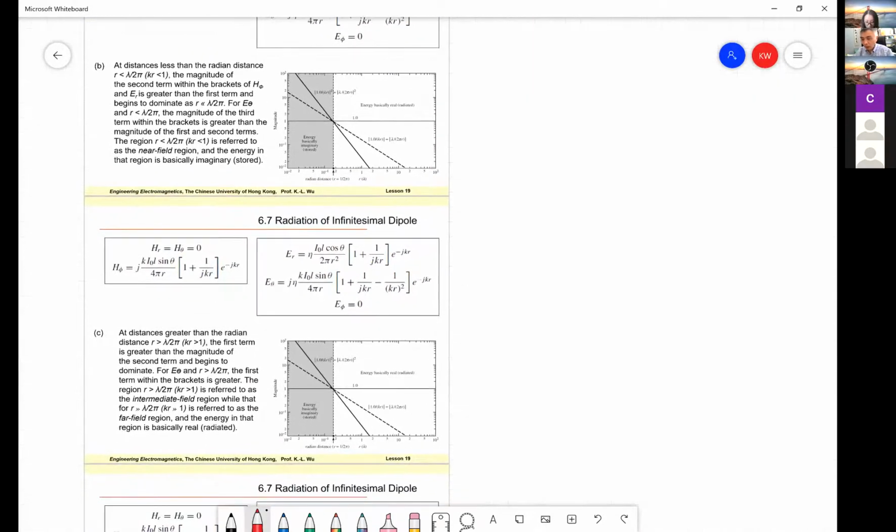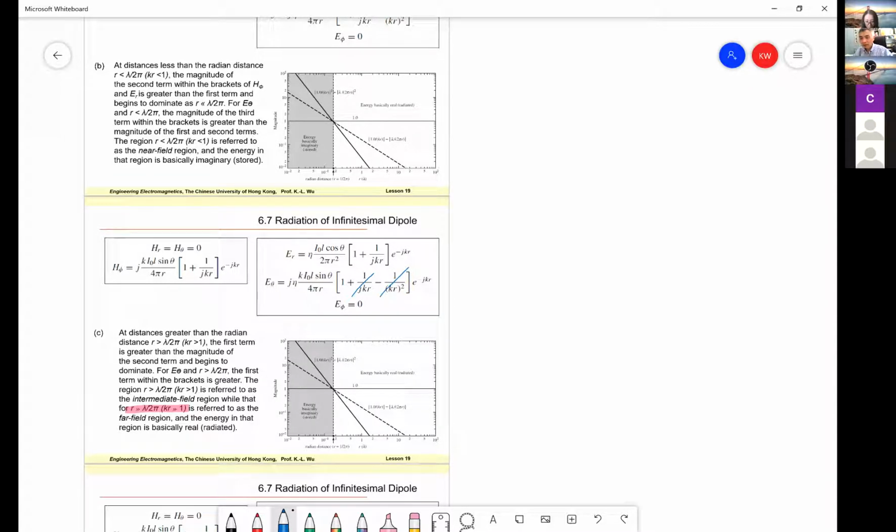Then we have a very special case: if KR is much larger than 1, we can omit this term.